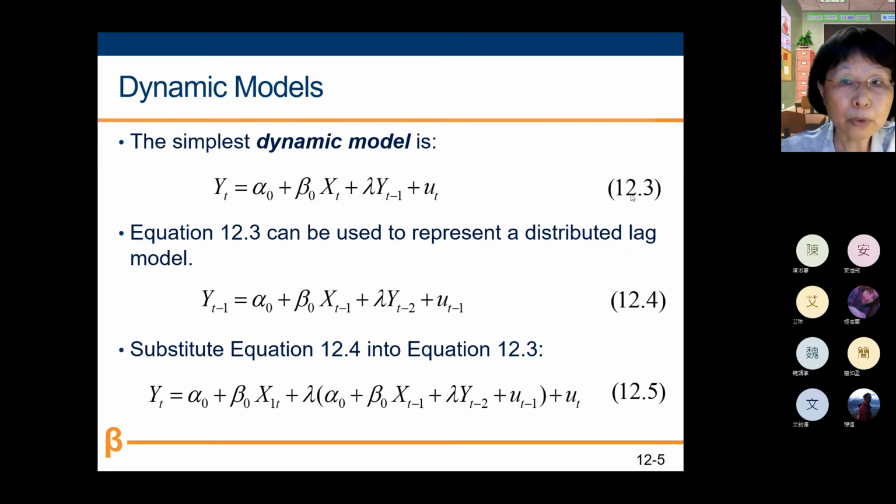Therefore, equation 12.3 becomes, look at this one, just y_t, then alpha 0, beta 0 x_t. There's no change about it. But you have to replace y_{t-1} with this whole part. Therefore, you can see lambda, then the whole parenthesis here is 12.4. Any questions so far?